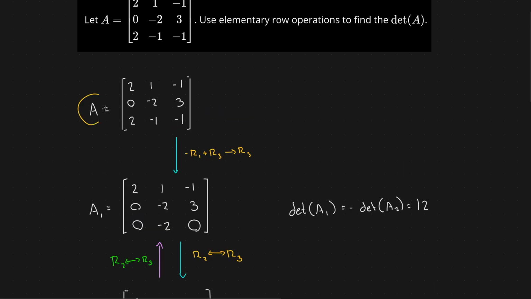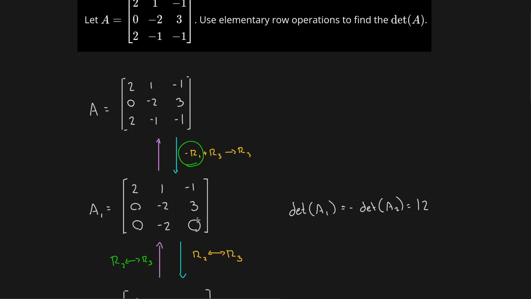We're almost back to our original matrix A. So I need to invert one more elementary row operation. I took the negative of row 1, added to row 3. That was my new row 3.